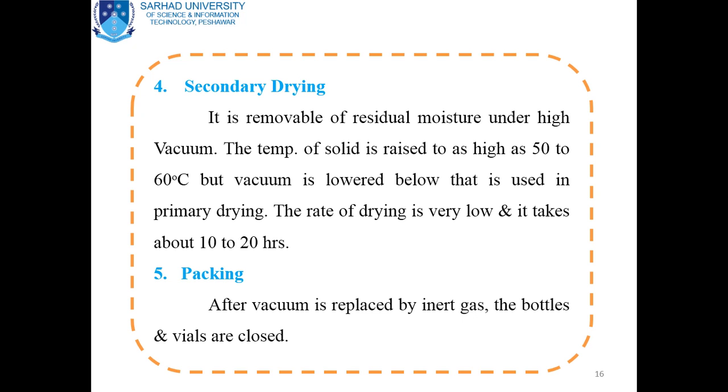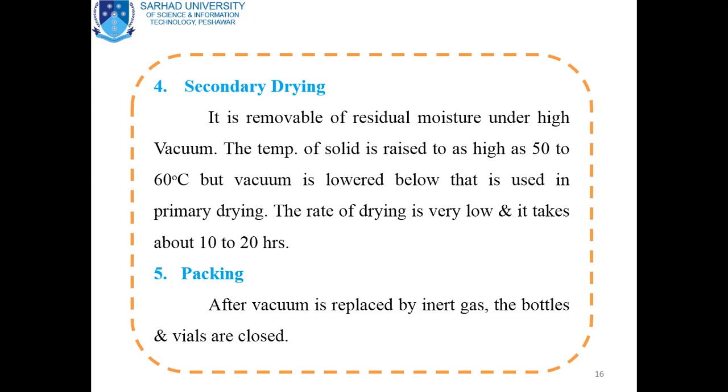The temperature of the solid is raised to as high as 50 to 60 degrees centigrade in this secondary drying stage, but the vacuum is lowered below that used in the primary drying. Here the temperature is raised, but the vacuum is lowered. That is, we have kept a vacuum in the primary drying, then we have to further lower the vacuum.